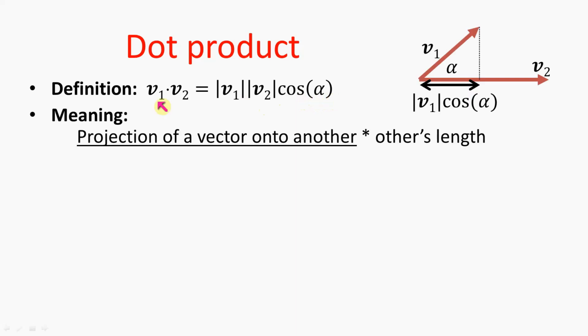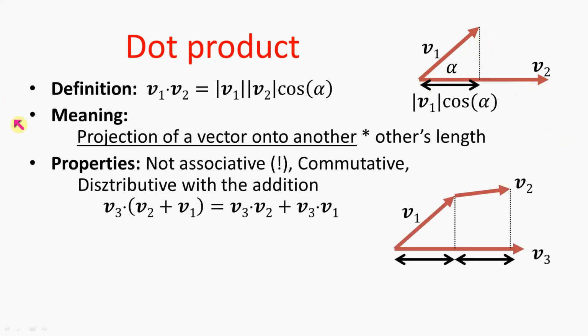This operation has an interesting geometric meaning, namely the dot product is a projection. We project vector v1 onto vector v2 and scale up the result with the length of v2. Concerning the properties of the dot product, it is not associative.